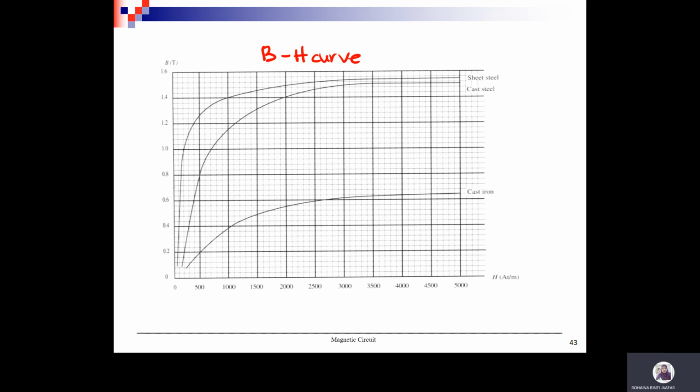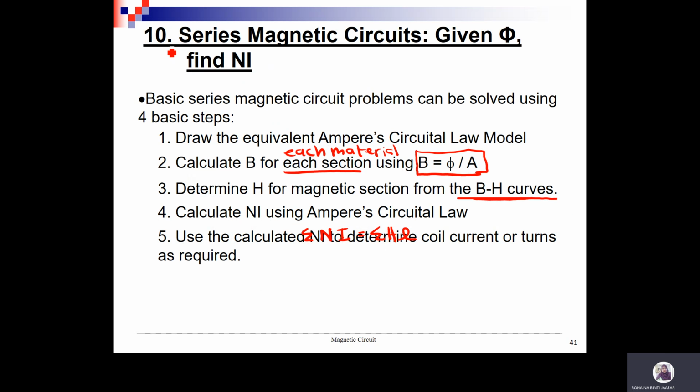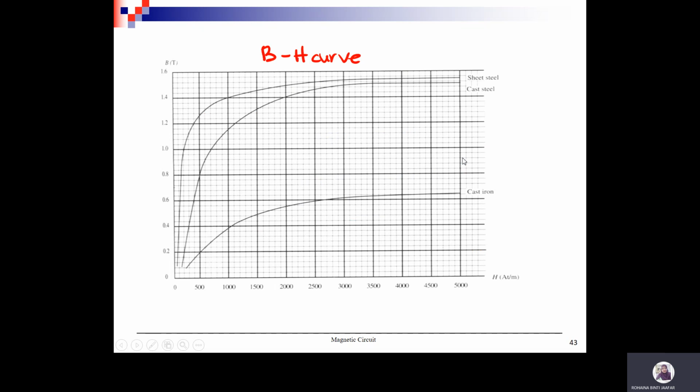Once you have drawn the circuit and the formula of Ampere's second law, next you have to find the B. So draw the equivalent Ampere circuit and then find the flux density for each material using B equal to phi over A.